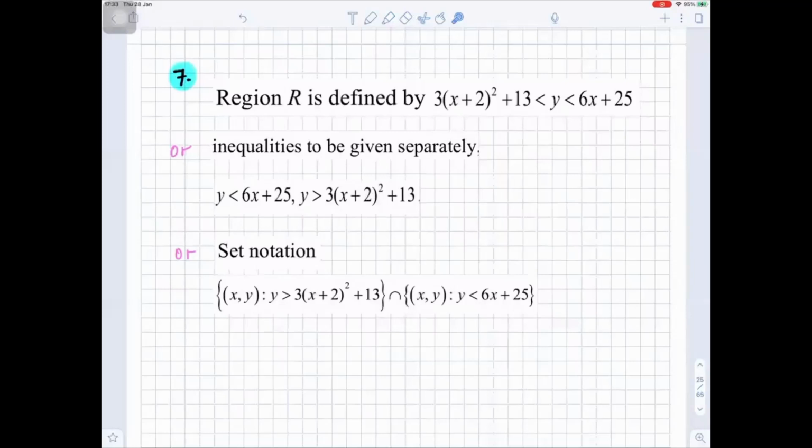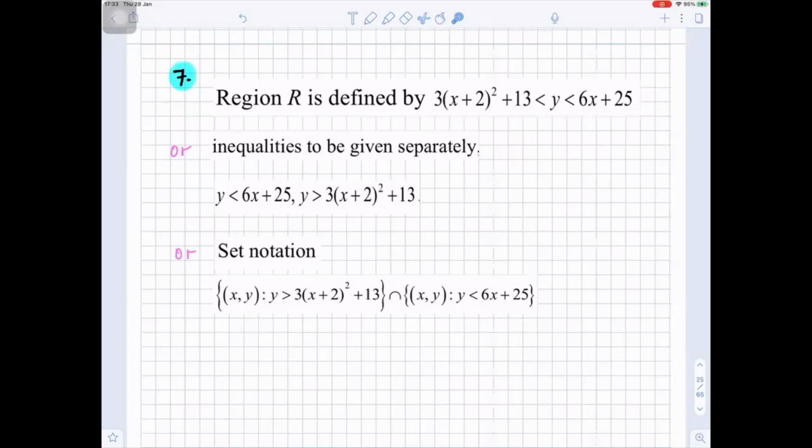So region R is defined by 3(x + 2)² + 13 < y < 6x + 12. So that is, the less than means it is below the line. So it's between the curve and the line.